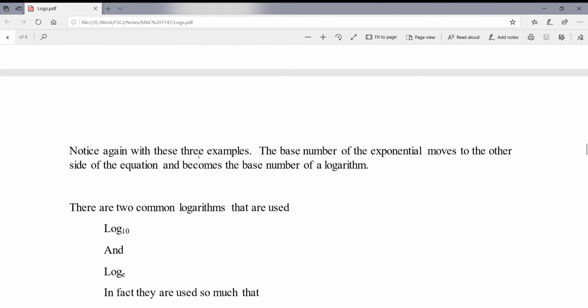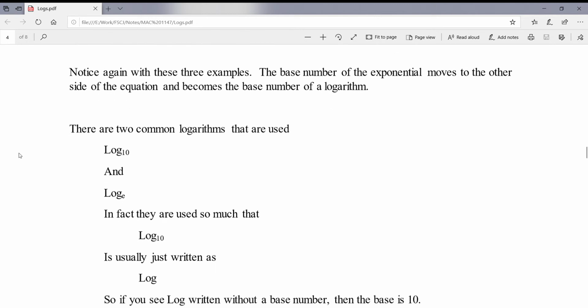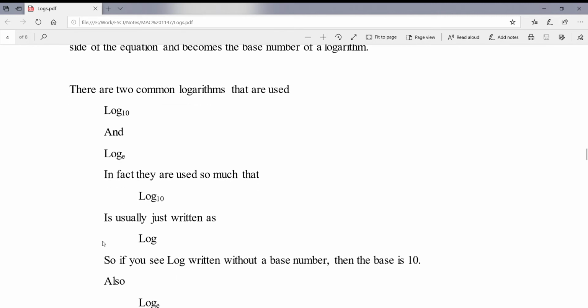Notice again, with these three examples, the base number of the exponential moves to the other side of the equation and becomes the base number of a logarithm. There are two common logarithms that are used, log base 10 and log base e. In fact, they are used so much that log base 10 is usually just written as log, L-O-G.